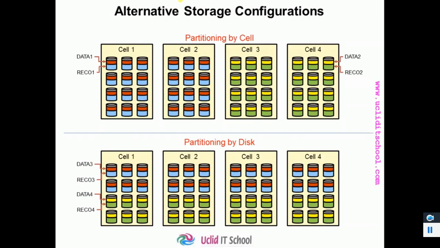So this is another possible storage configuration. Both are supported, but Oracle doesn't recommend these configurations unless there is some compliance requirement in the organization. So by default, every storage server will be used and every hard disk will be used for all the databases created on the database machine.